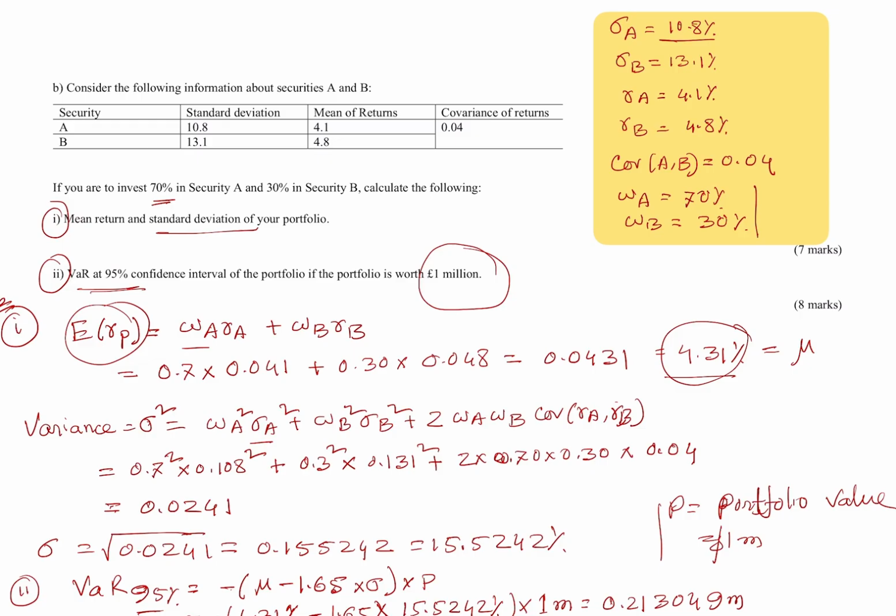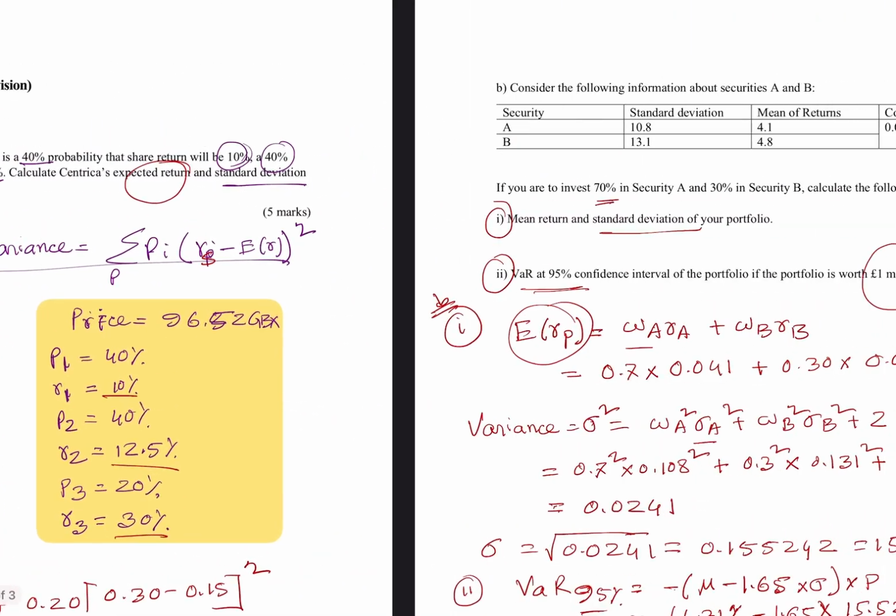If we multiply by 1,000, this gives us 213,049.3. I'm not sure whether this is in dollar, it doesn't say.